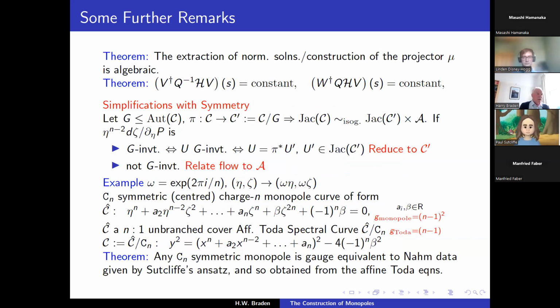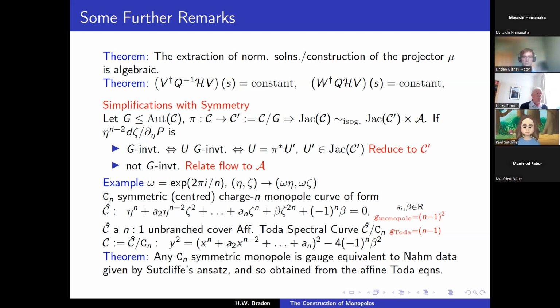Let me just make a couple of quick remarks. To finish the story off, you have to be able to get the normalizable solutions, and you can do that. There are a number of nice results that follow. I'd also like to observe that if the spectral curve has symmetry, then you can quotient by some subgroup of the automorphisms of that curve.